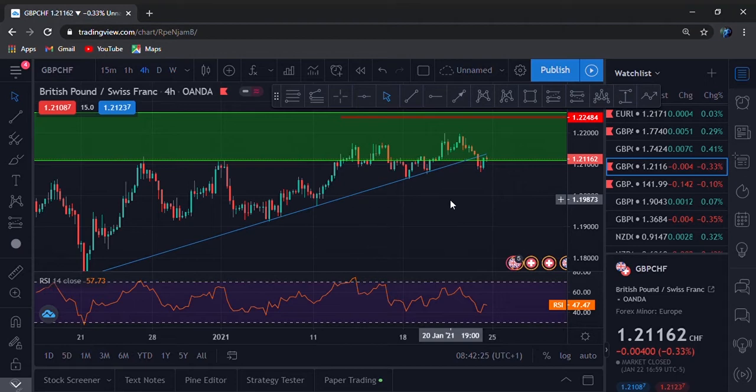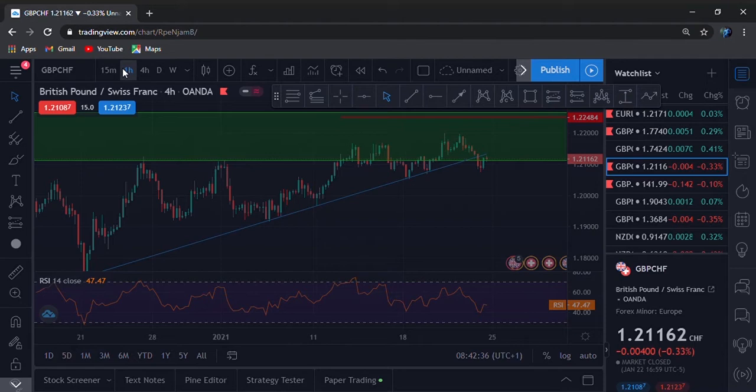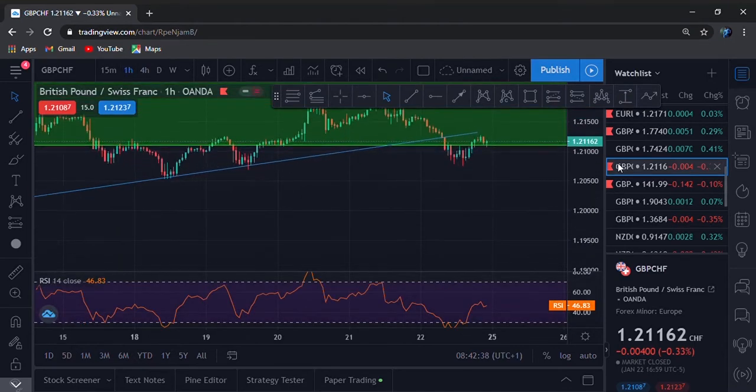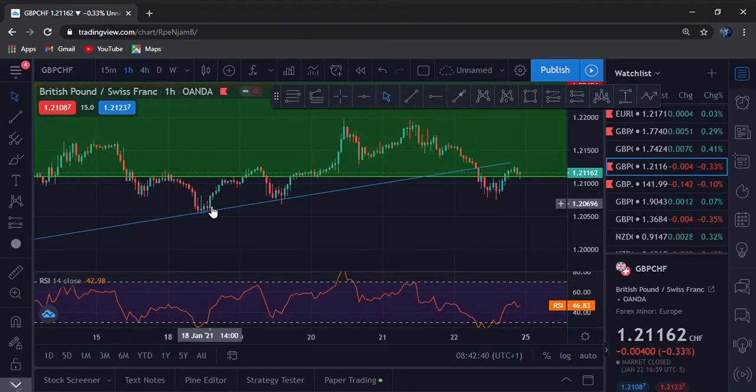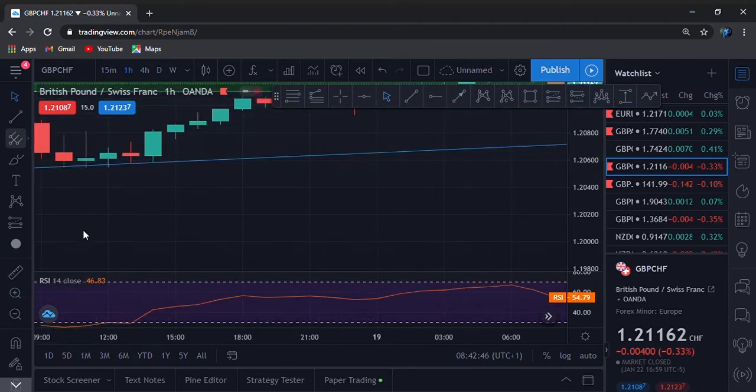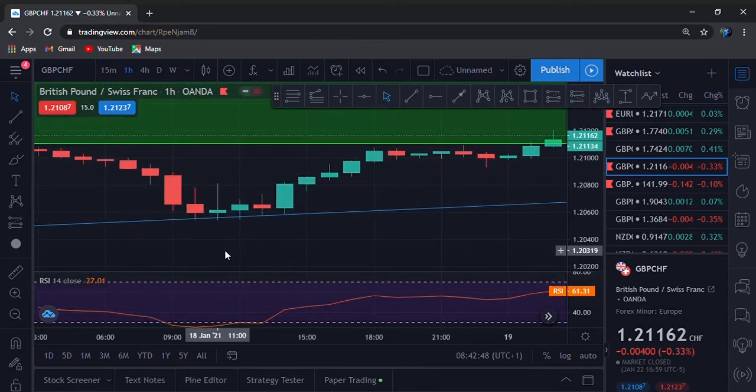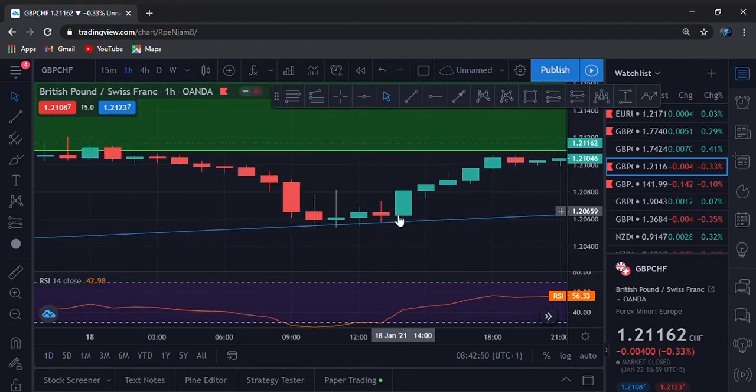Like if you check here, the price came around this zone during the week. I was supposed to buy because it actually gave me a very nice setup on the H1, because that is a support. Price tested it and formed this good bullish engulfing candle, as you can see here.